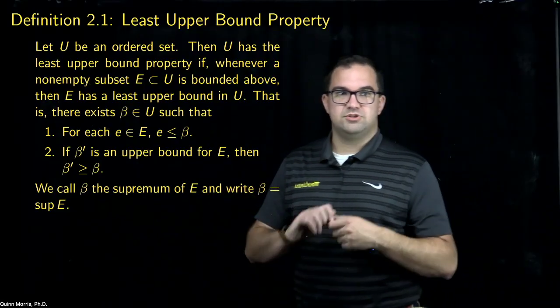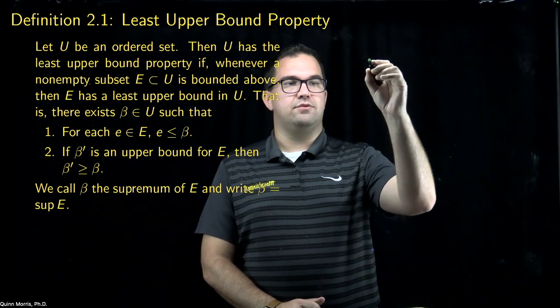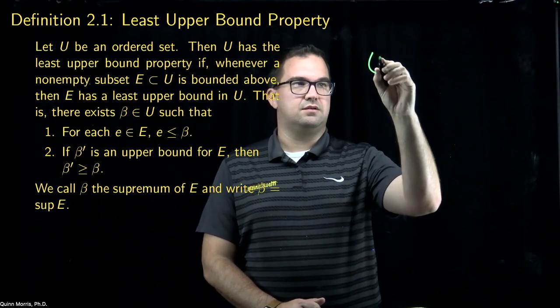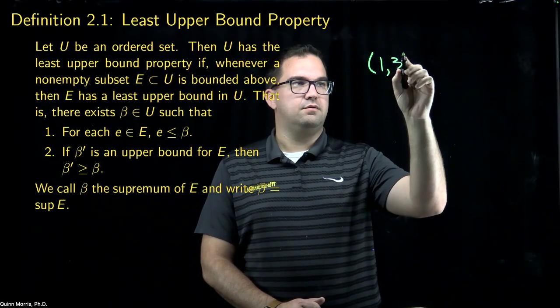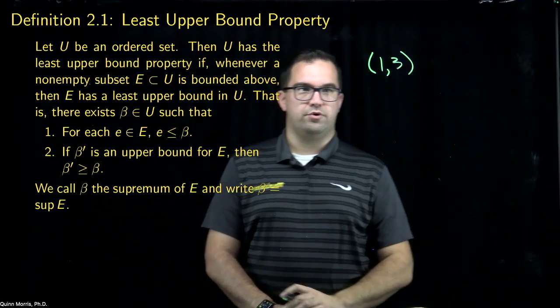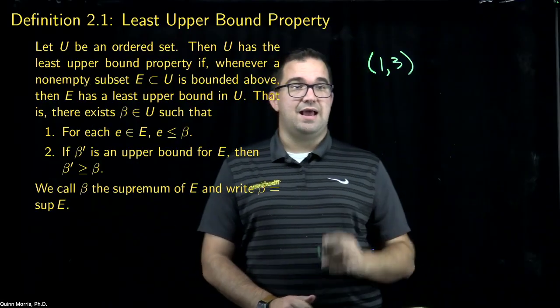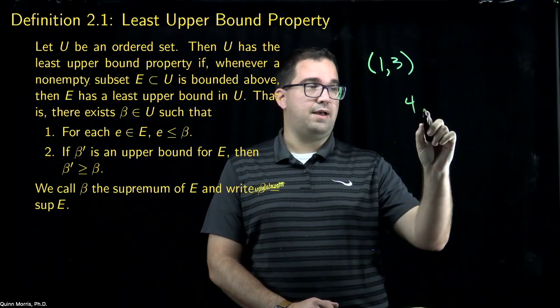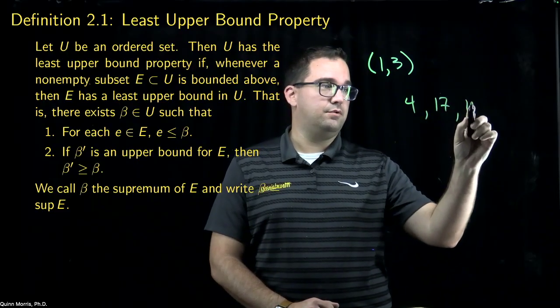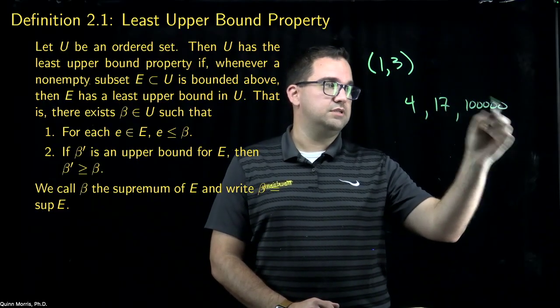Okay, so just taking an example in the real numbers. If you were to take the set of all real numbers from 1 up to 3, say not including 1 or 3, this set has a number of upper bounds, right? 4 is an upper bound, 17 is an upper bound, 100,000 is an upper bound.